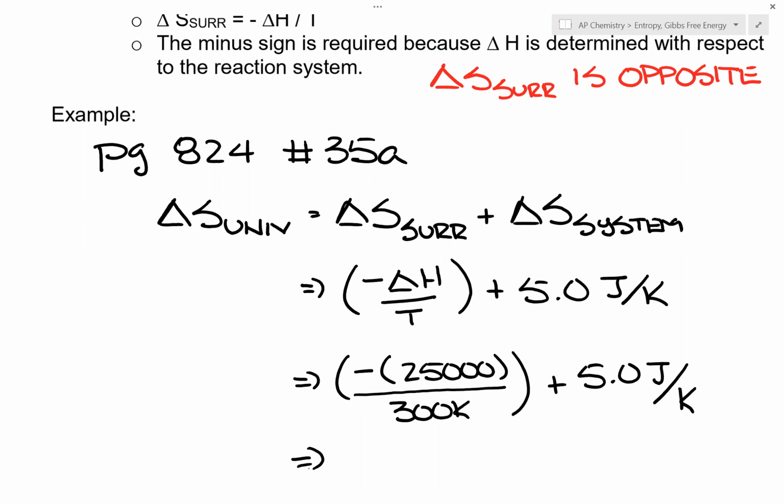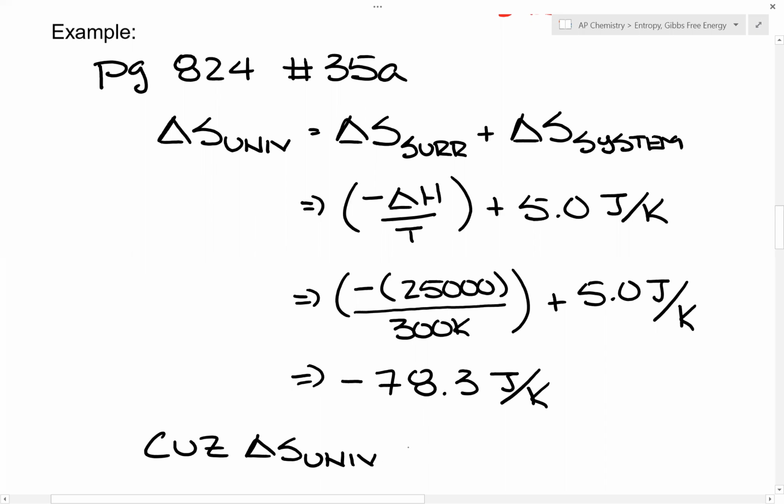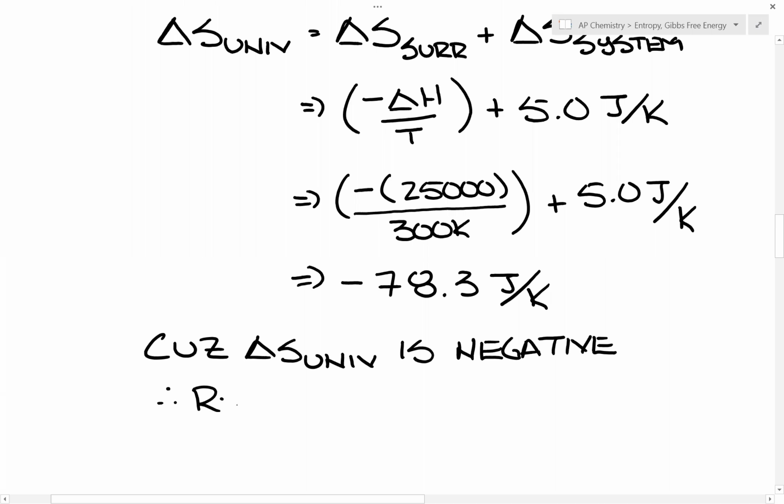So 25,000 divided by 300, what I have is negative 78.3 joules per Kelvin. Now, because delta S universe is negative, therefore the reaction is non-spontaneous.